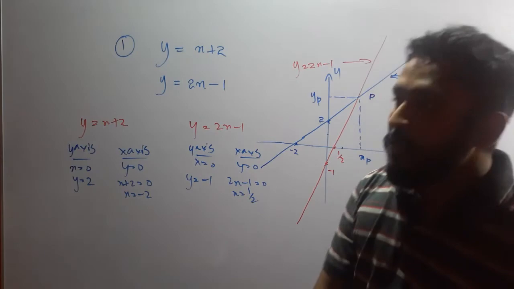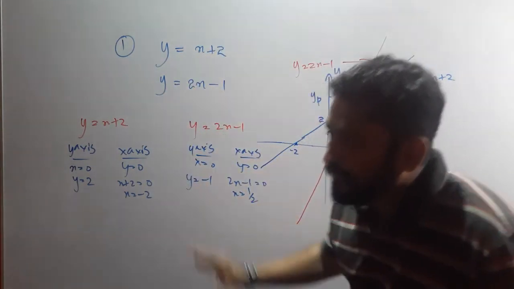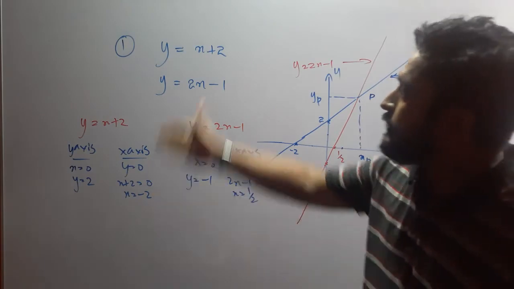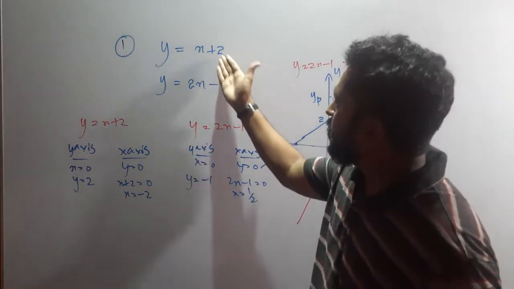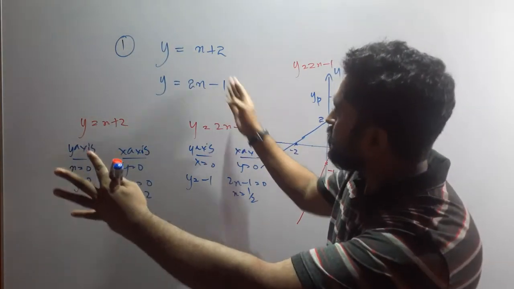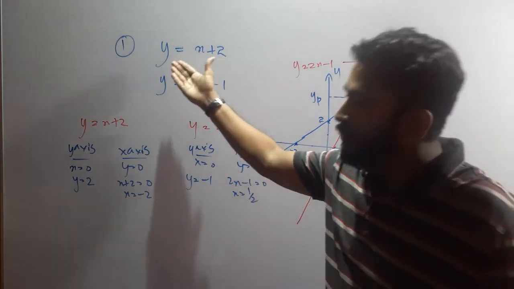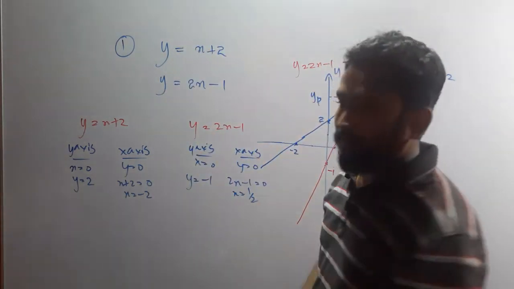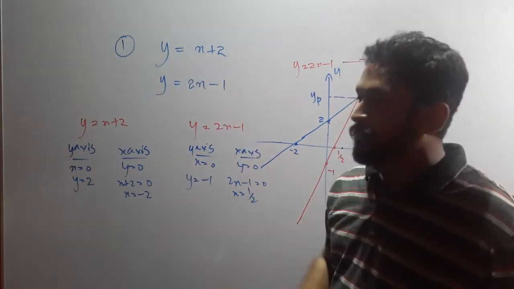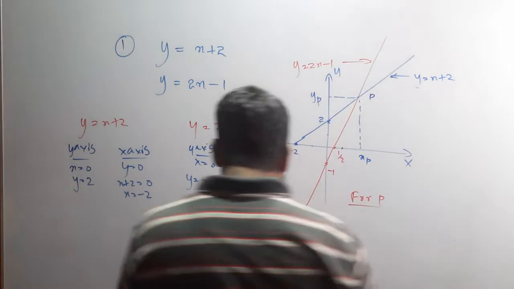Why? Y is already the subject for both graphs. Why would we make x the subject? It would be x equals y minus 2 and x equals y plus 1 upon 2. Hey, y is already the subject, so you can make y equal. Do it.